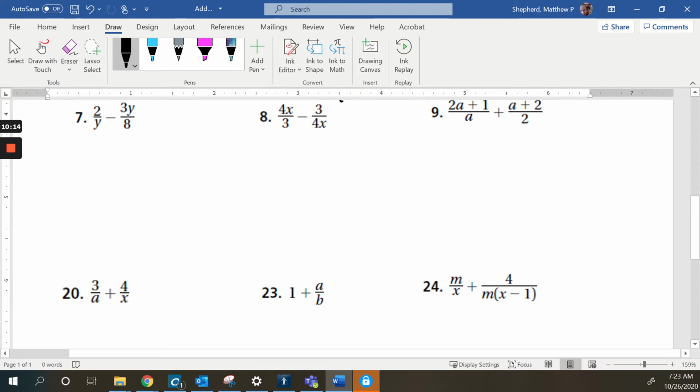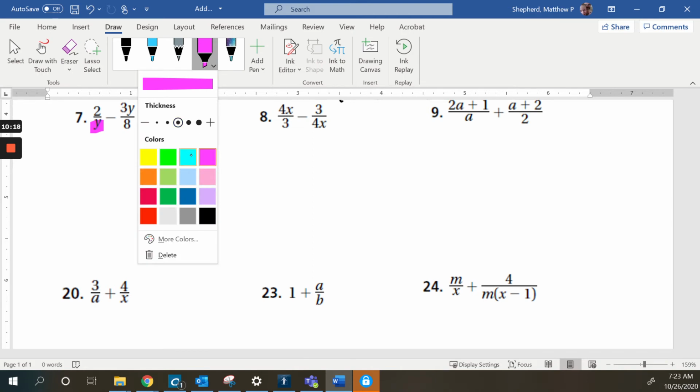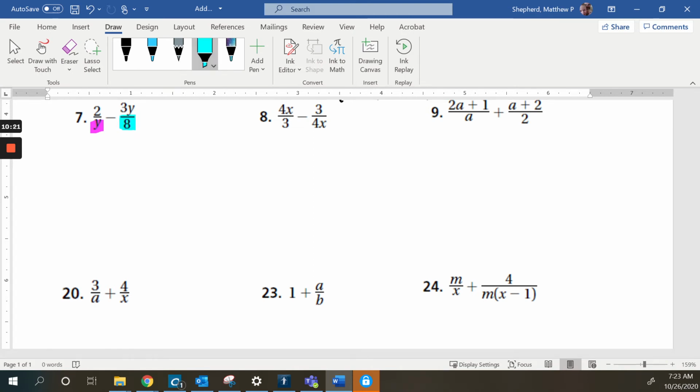All right, so we're going to go again. Notice we've got different denominators, so in order to make them the same, we're going to multiply this side by an 8 over an 8. And then this side will get multiplied by the y over y. That way both sides will show 8y.